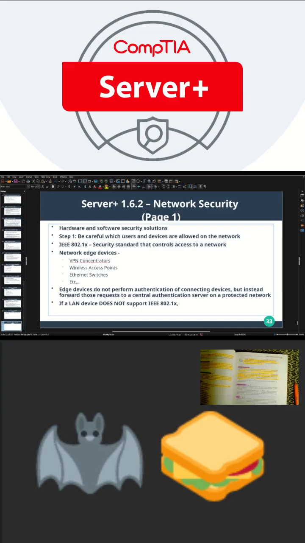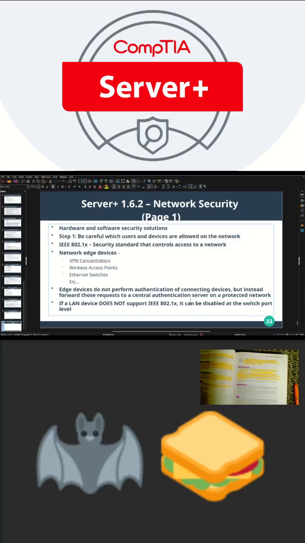It can be disabled at the switch port level. At the switch port level. So what does that mean?